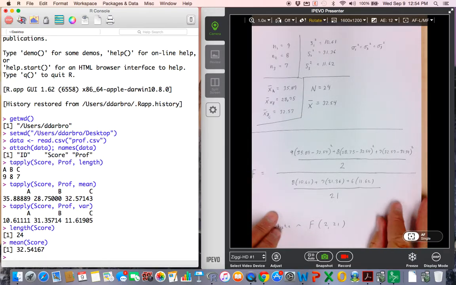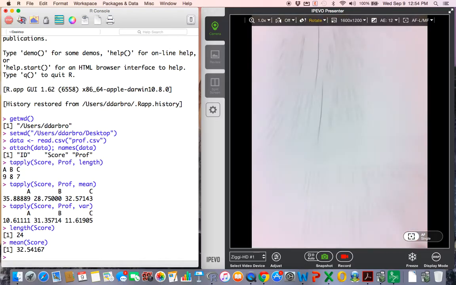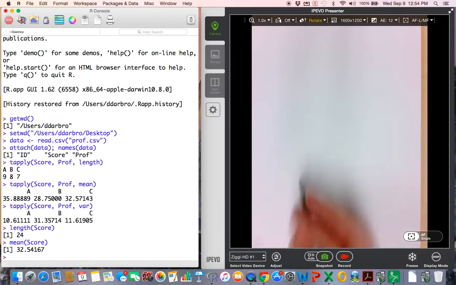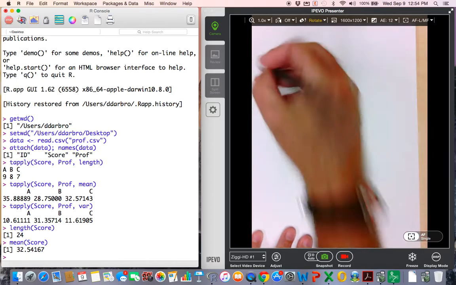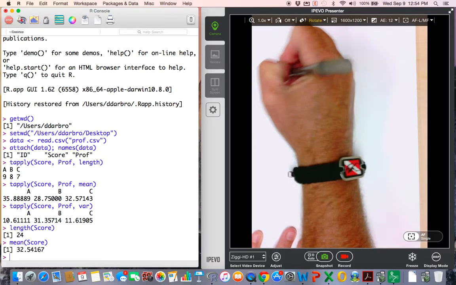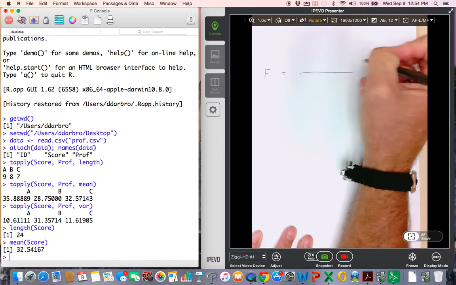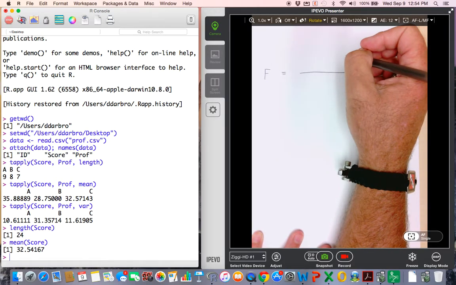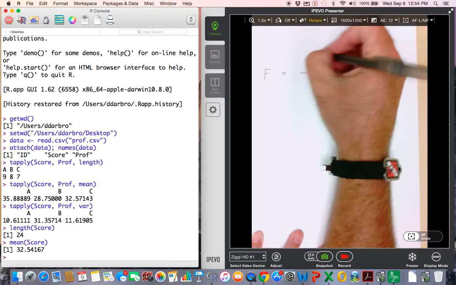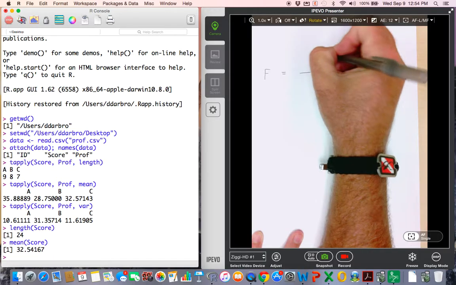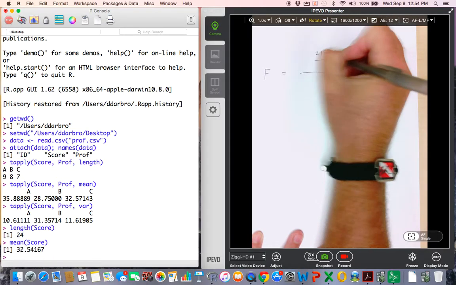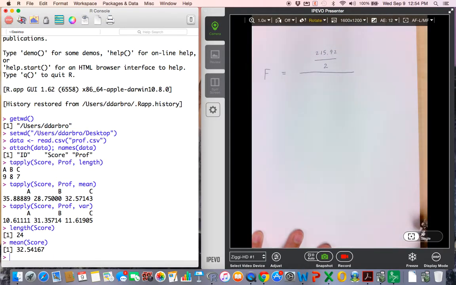All right, let's make some calculations here. I've already done a little bit of the work because I didn't want to take up too much time. What I end up getting for the sum of squares factor is 215.92. And clearly the degrees of freedom for the factor is 2.